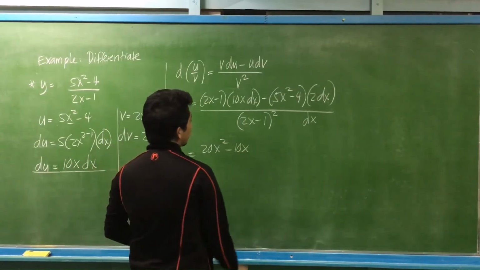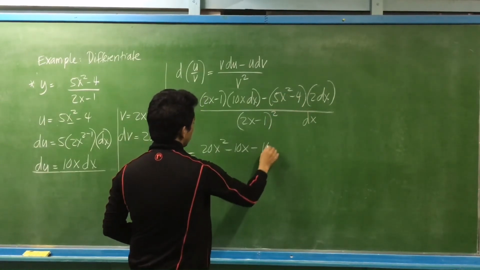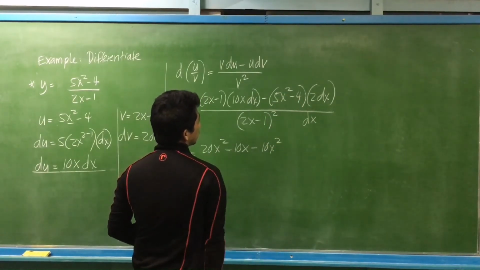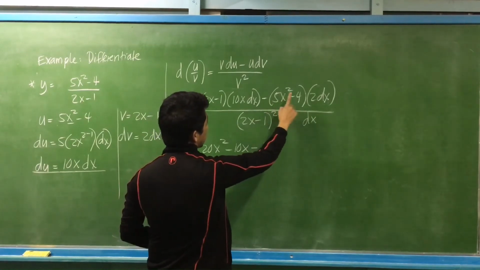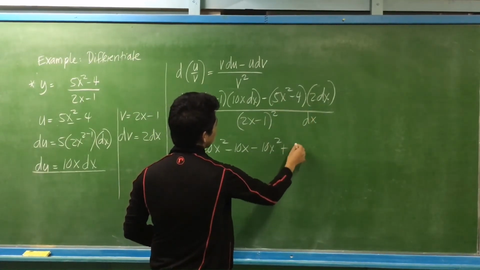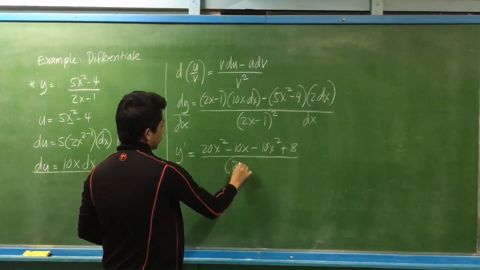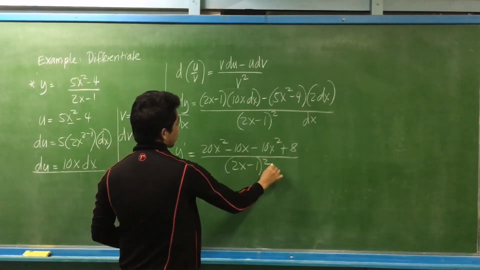Then we have less 5x squared times 2 is 10x squared. Negative times negative is positive, times 2, that is plus 8. This is all over (2x minus 1) squared.